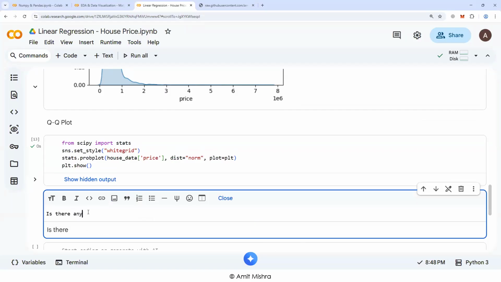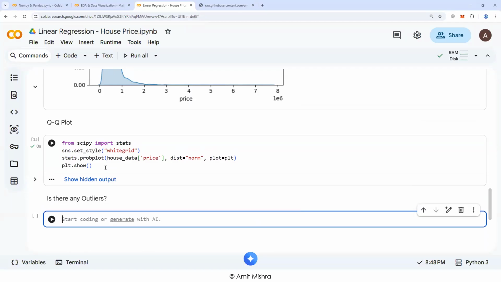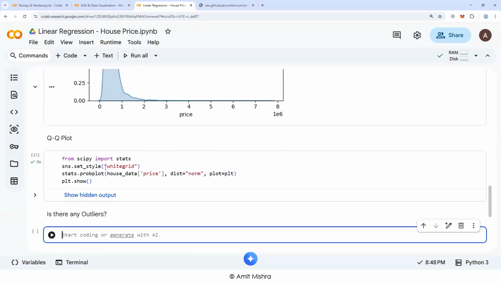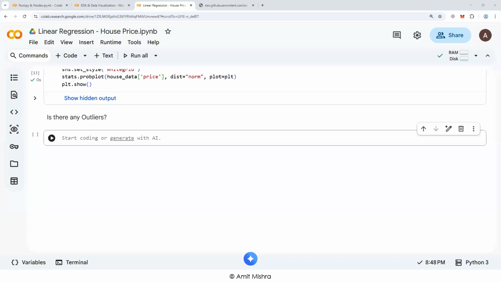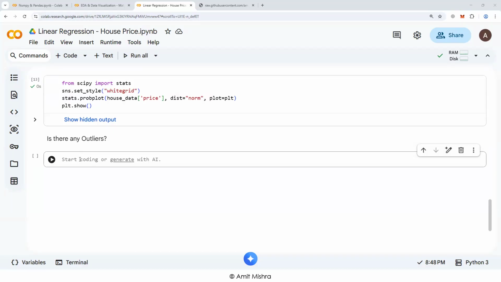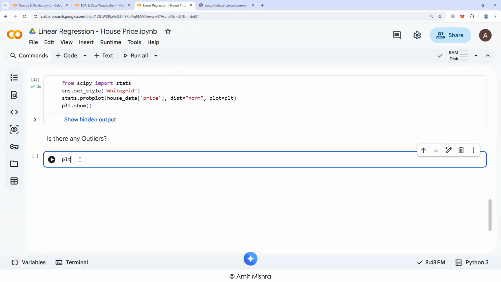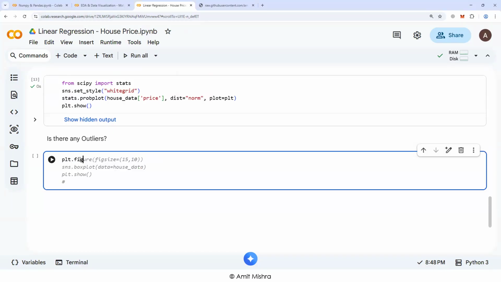Let's check if there are any outliers. The next thing to test is outliers. Yes, definitely there are a lot of outliers in this. plt dot figure.